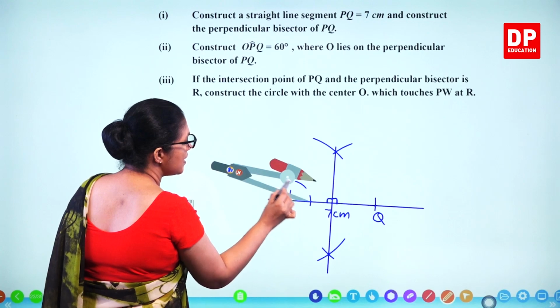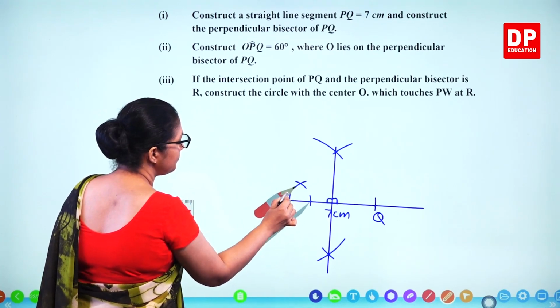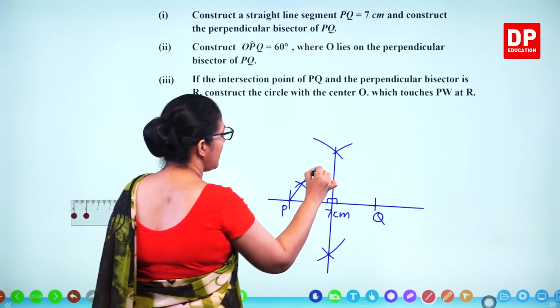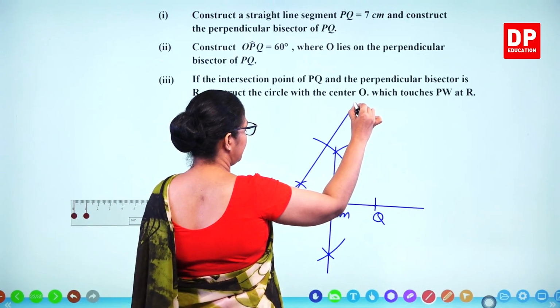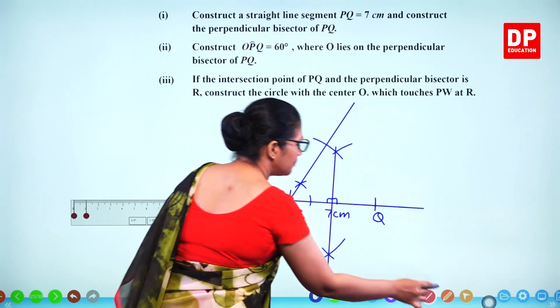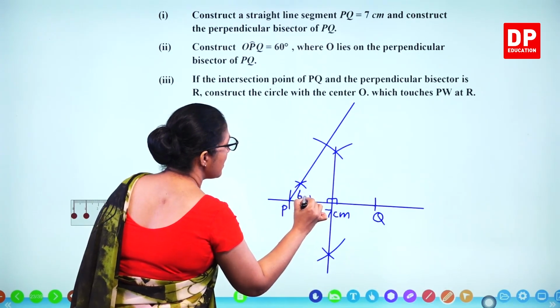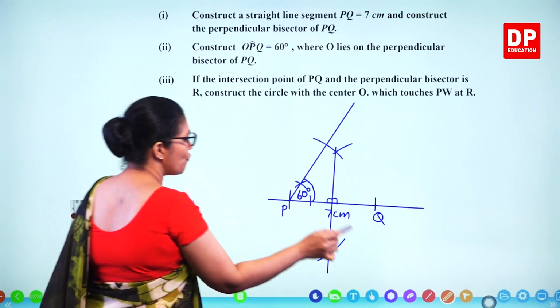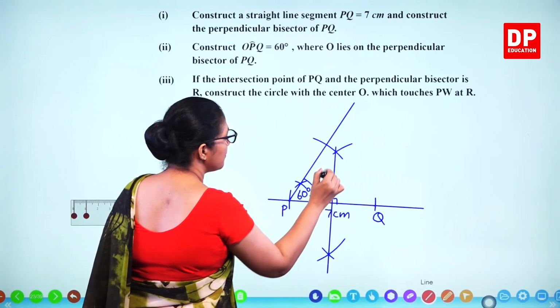Keep the compass here and draw the other arc. So you can extend this line. So that's a 60-degree angle. Now we need to extend this length as well to find the O point.